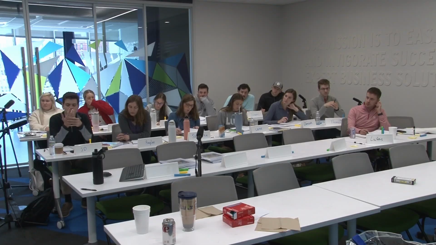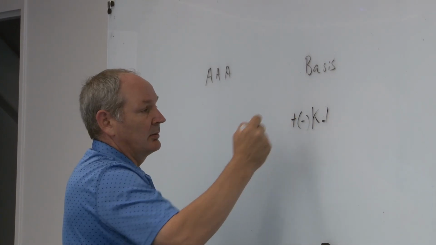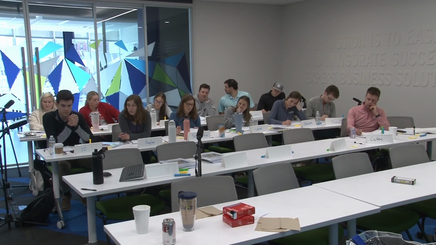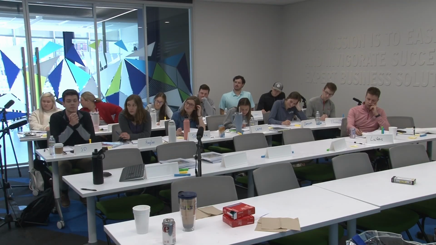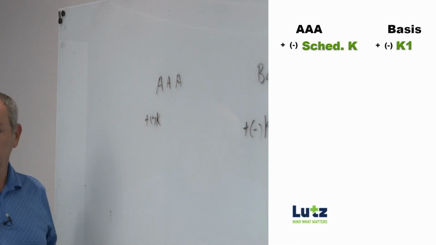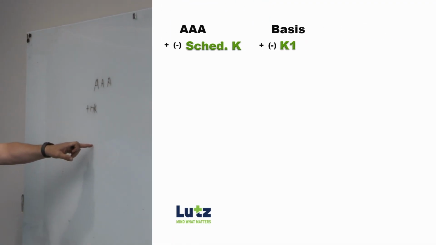Every line on that K-1 affects basis, does it not? So K-1 items affect basis, either a plus or a minus, one of the two. AAA, what's the definition? Undistributed S corp earnings. So Schedule K, plus or minus. I'm saying that with intention. AAA is an entity level measurement.